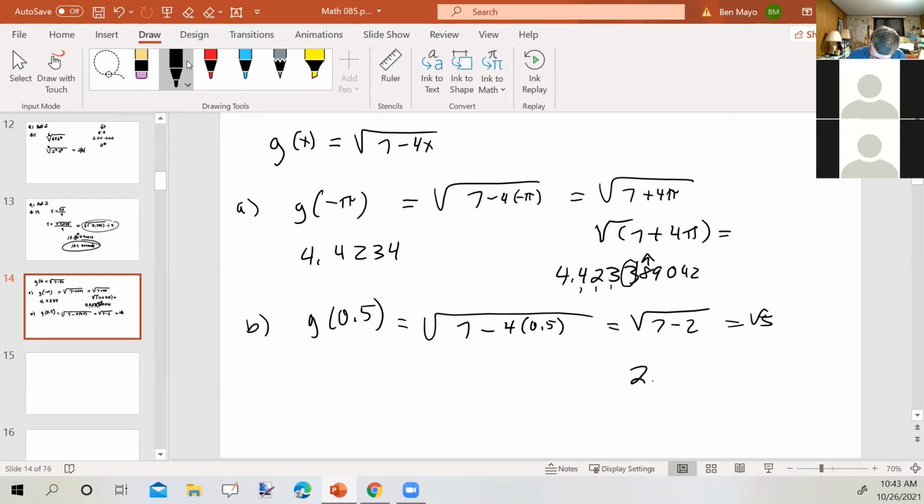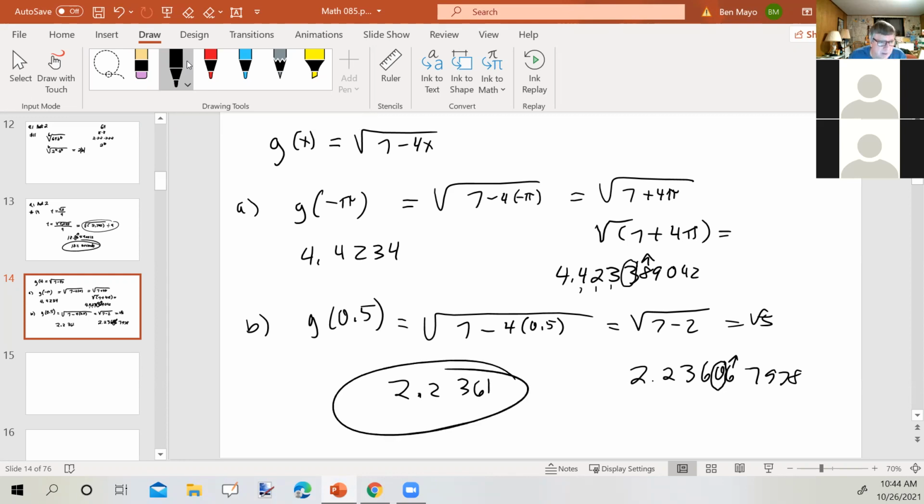And I get 2.236067978. Rounding to the nearest 10,000th would be there. The 6 would round up. So 2.2361 would be the second answer. Okay with that? Yes, thank you. And then number 14.